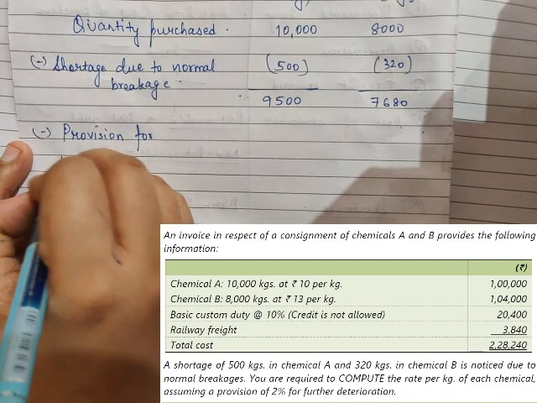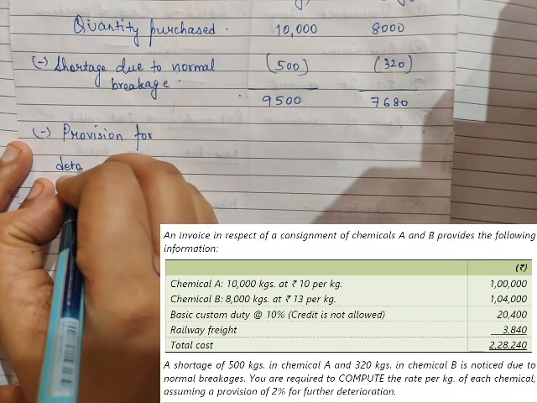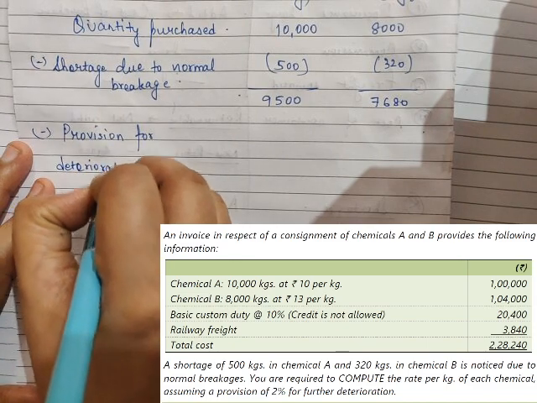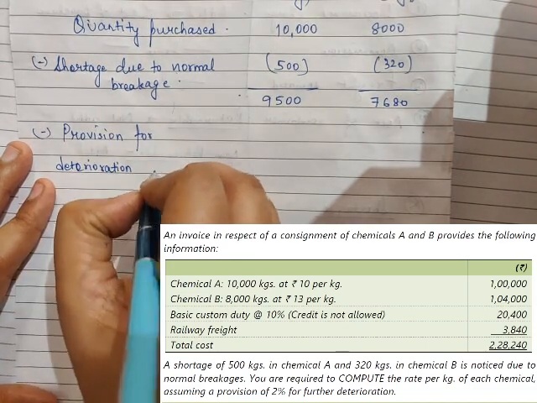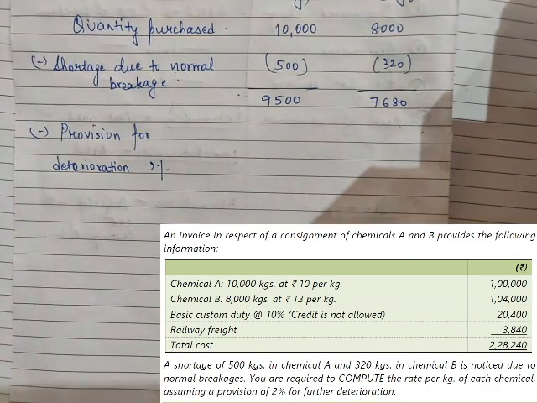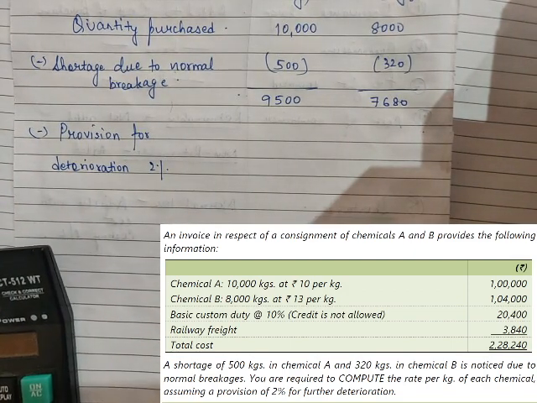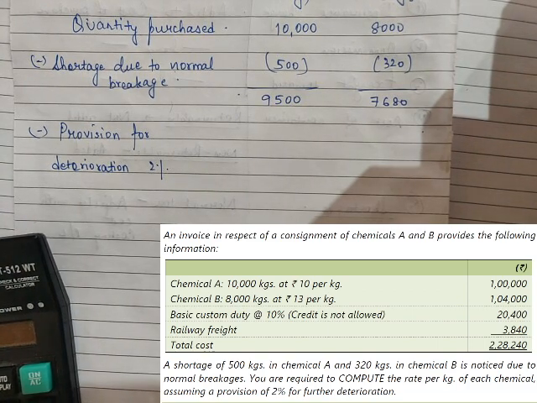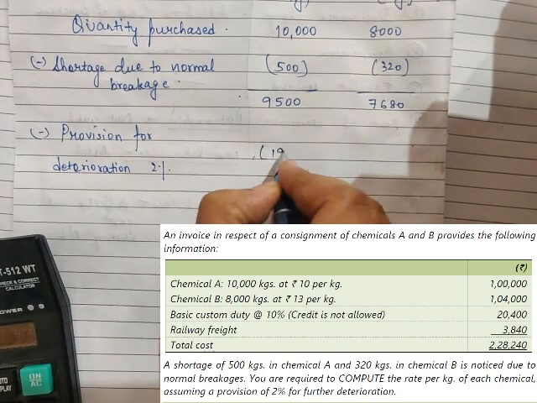Now it is given in the question that we have to make a provision for deterioration. Assuming this to be normal loss, we will also consider it in calculating the effective quantity. So for further 2%, we have 9500 into 2%, which is 190 kg.